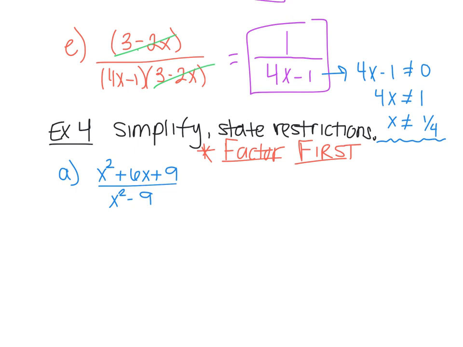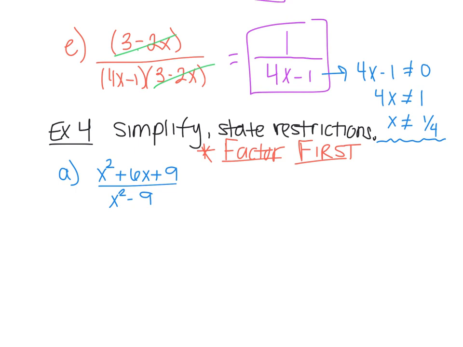Oh, I've got a 9 here and a 9 here, I can just cancel those out. That is not how fractions work. So hopefully by now you are hearing me when I say that. This is an entire group of things that's happening first before it's divided by x squared minus 9. I can't take individual things and cancel them with individual things down here unless it's in factored form.